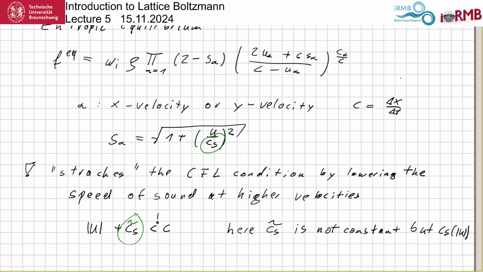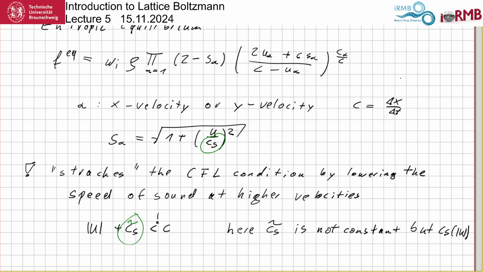So the idea behind this entropic thing is to make your simulation more stable. If you stretch the CFL condition, you make the speed of sound lower, then you can get the velocity higher before you crash the CFL condition.